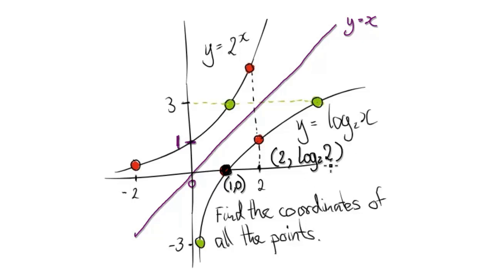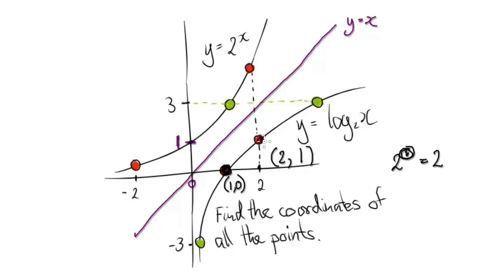If you can't remember this, then translate it: 2 to the power of what will give me this thing here? Remember the log itself is talking about this power, so it must be 1. So this thing here is actually the number 1.